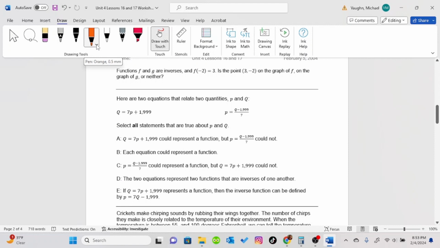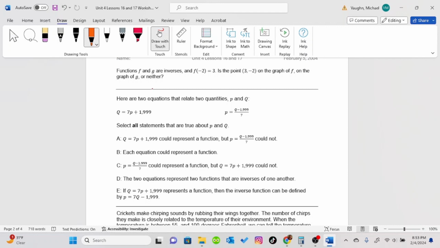Functions f and g are inverses, and f of -2 equals 3. Is the point (3, -2) on the graph of f, on the graph of g, or neither?